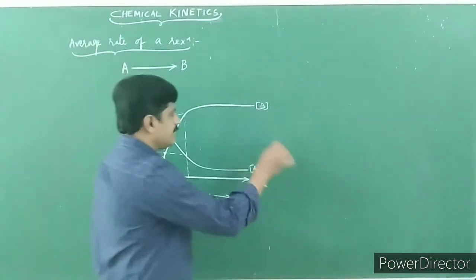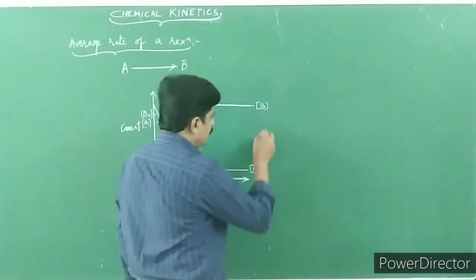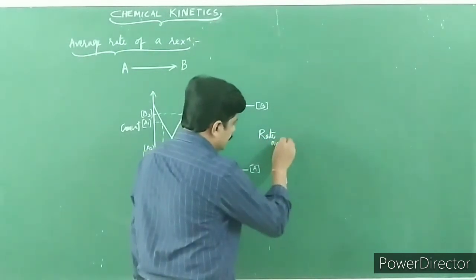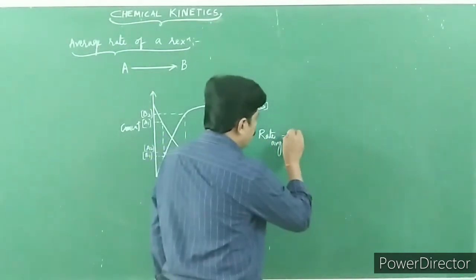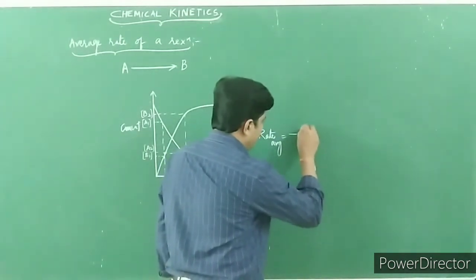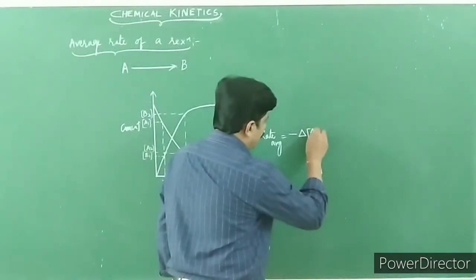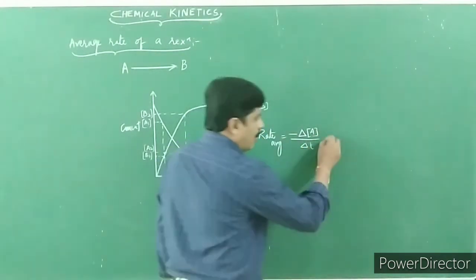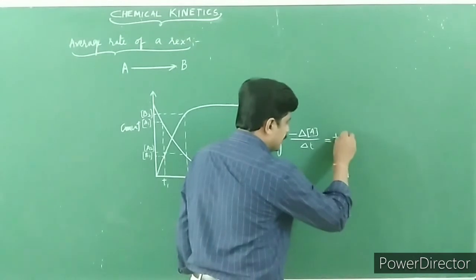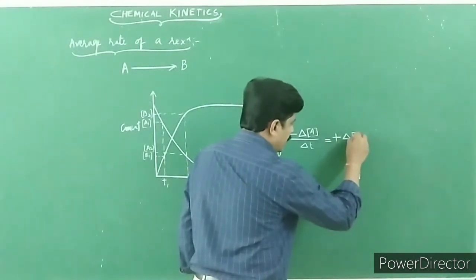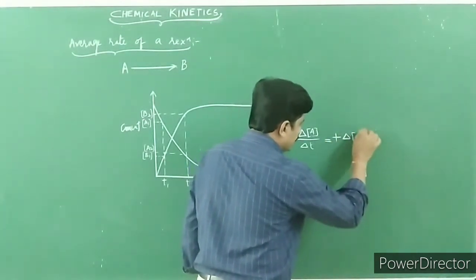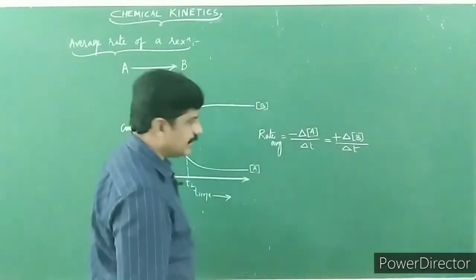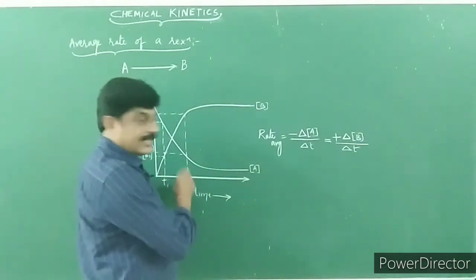Children, in that case, look at here. Average rate of reaction is equal to, you know how to write the rate of reaction, minus delta concentration of A upon delta T, or for the product, plus delta concentration of B upon delta T. Children, if I want to measure by using the graph, how do I write?